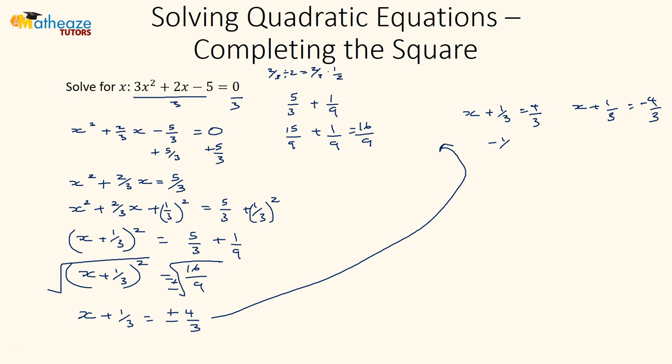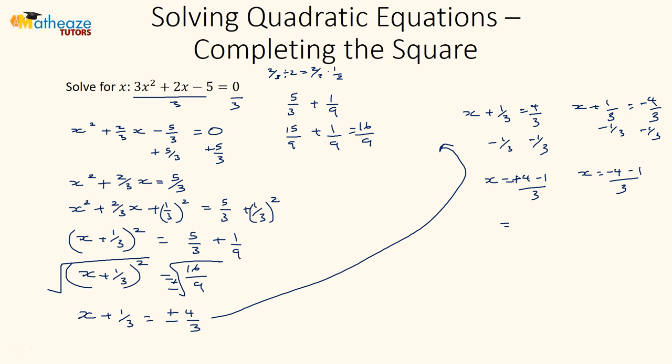So we're going to subtract 1 over 3 from both sides. So x is equal to positive 4 minus 1 over 3. And here x is equal to negative 4 minus 1 over 3.